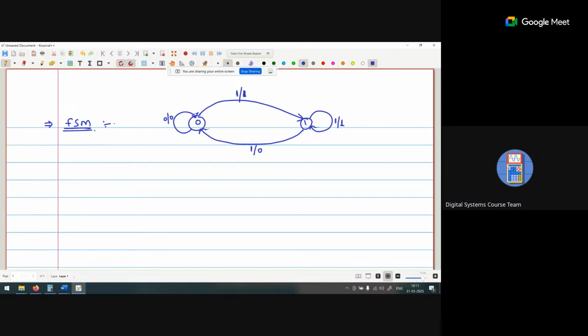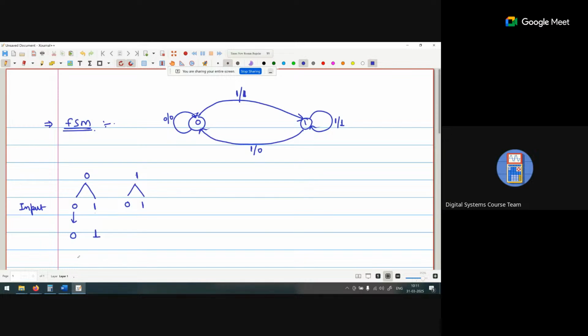When input is 1, output is 1. For example, we are taking two states, one is 0 and second is 1. Now, with respect to 0, two inputs are possible, 0 and 1. Similarly, with respect to the 1 state, again two inputs are possible. If 0 is coming, the next state will be 0. If 1 is coming, the next state is 1.